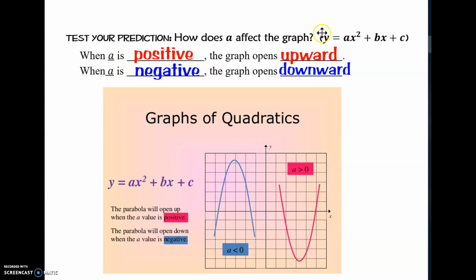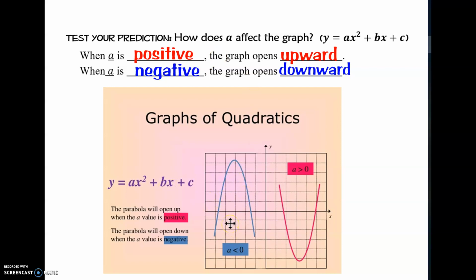When the a value, which is this number in front of x squared, is positive, your graph is going to open upwards and look like a U, like this red or pink U on the right. When your a value is negative, however, it's going to flip that parabola upside down. So now the opening is facing downwards.